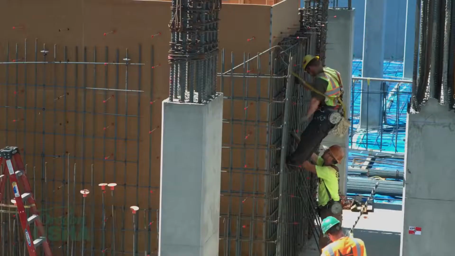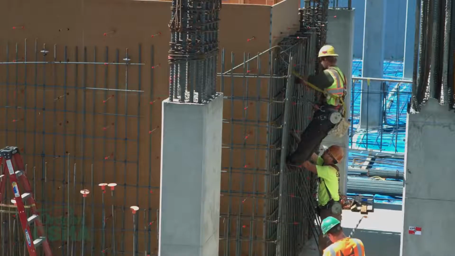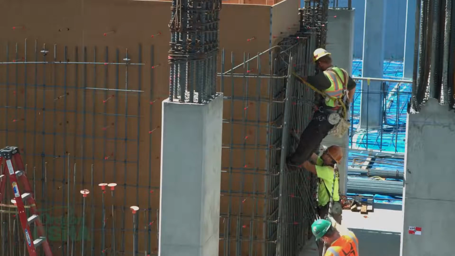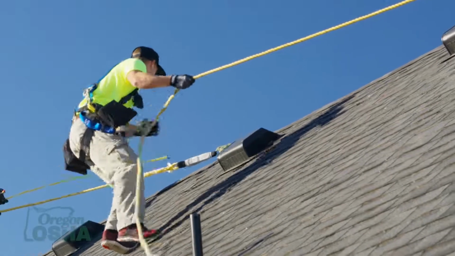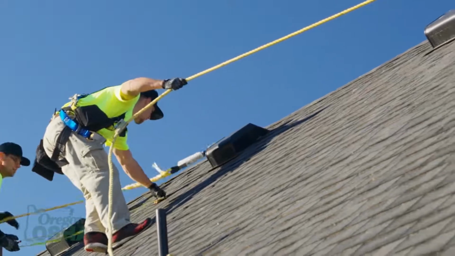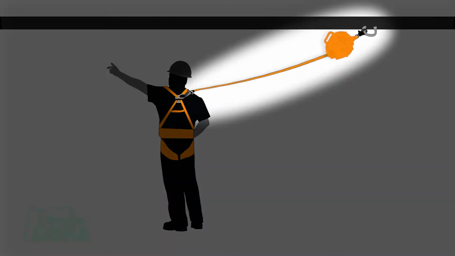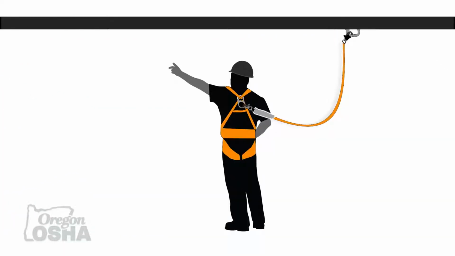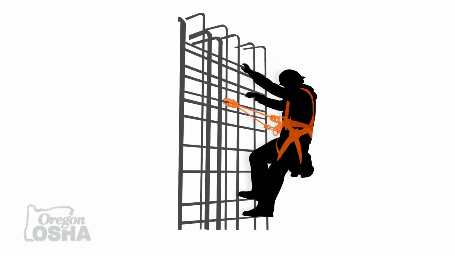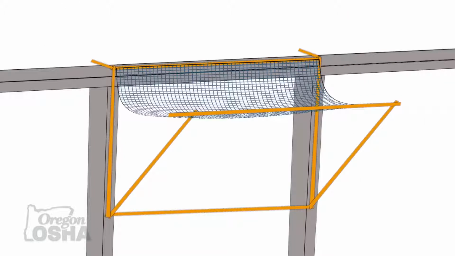Keep in mind, with this strategy, the employee is exposed to a fall. However, we're limiting the impact and stopping the employee before they hit the ground or a lower level. Options in this group include self-retracting lifelines, or SRLs, fall arrest systems, positioning devices, and safety nets.